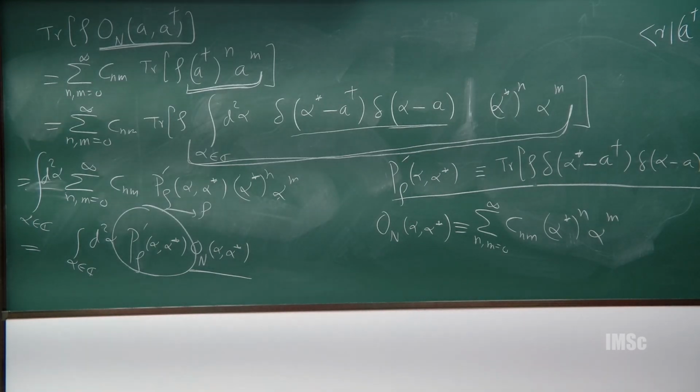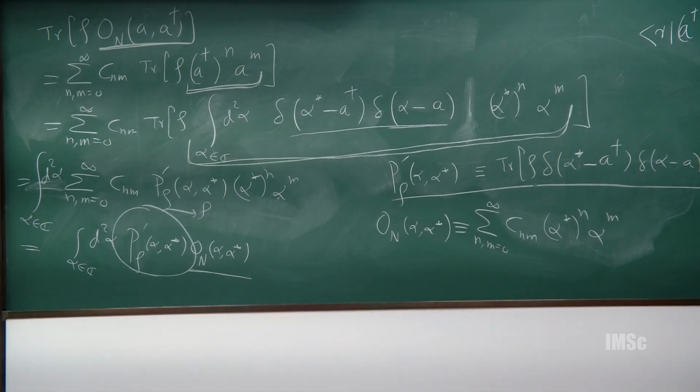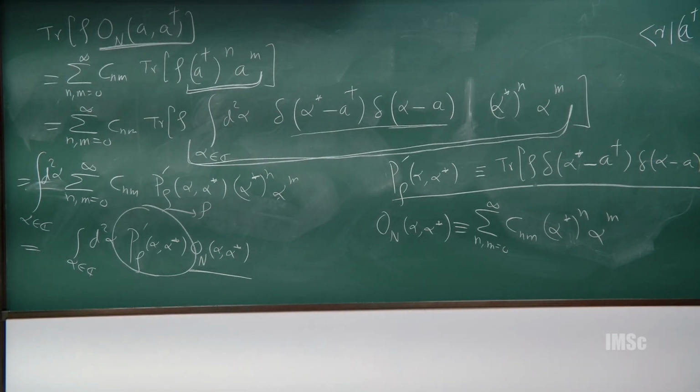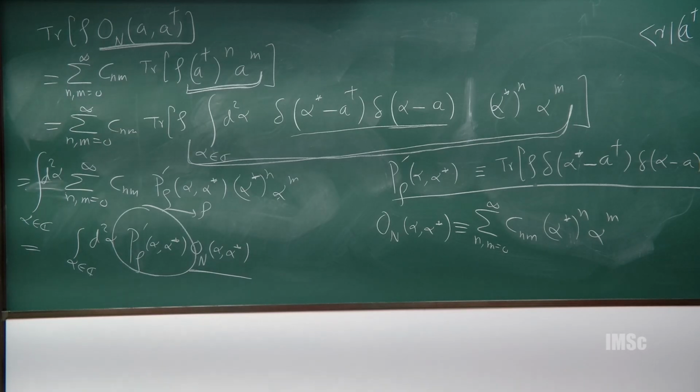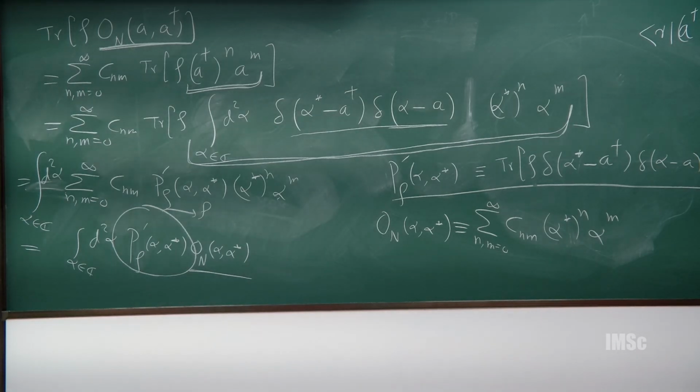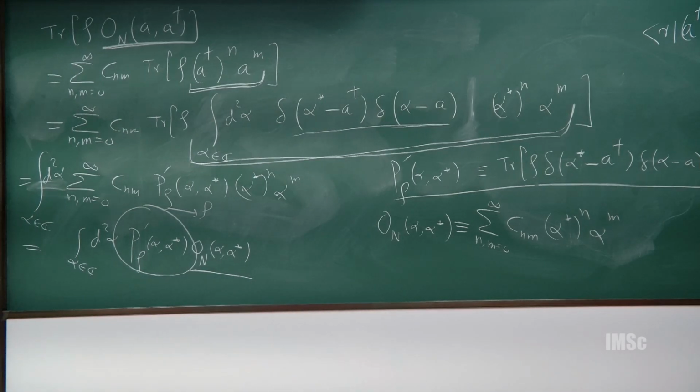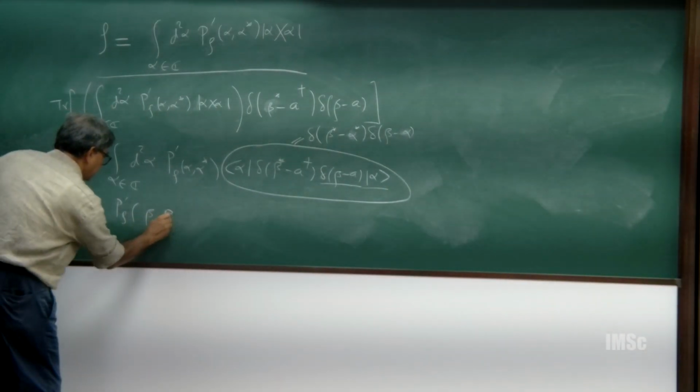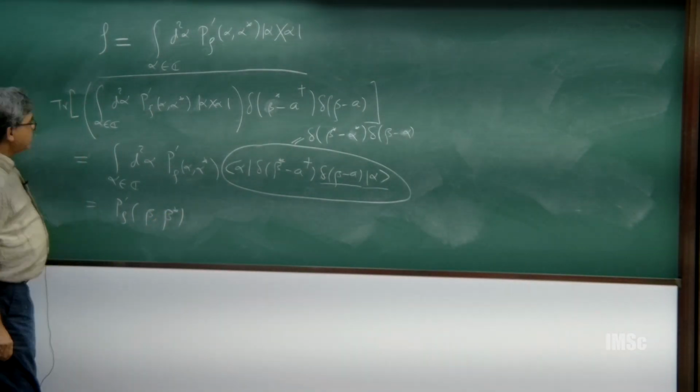Right. So, therefore, if I replace these, what will I get from here? You will get p prime of rho, this is beta beta star. Is that clear?